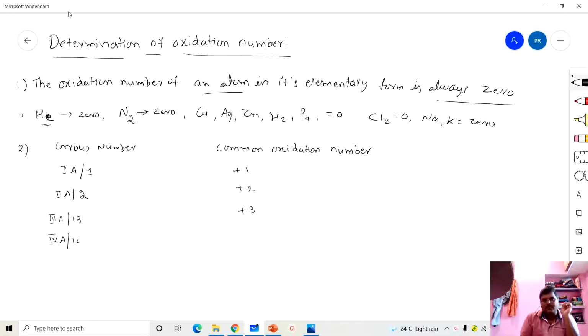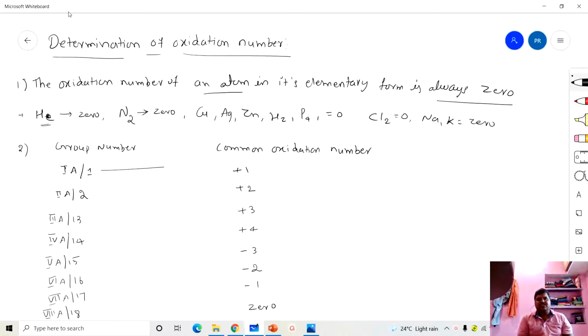Fourth A or 14th group, +4. Fifth A or 15th group, -3. Sixth A or 16th group, -2. Seventh A or 17th group, -1. 18th or 8th A group, 0.